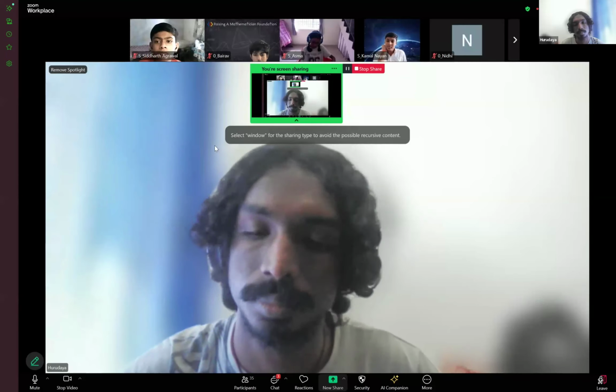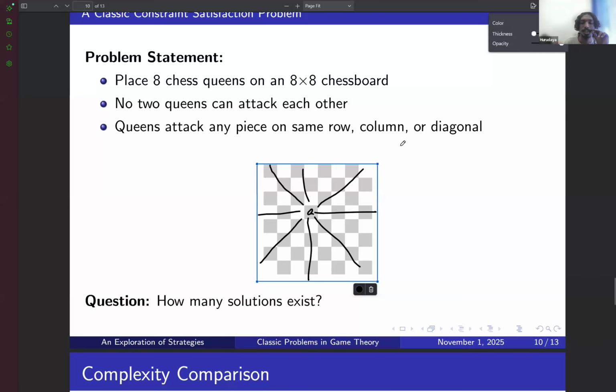Sir, your screen is not visible. Oh, sorry. Yeah. So it can attack horizontally, vertically, and across all diagonals. You want to place 8 queens such that none of them attack each other.